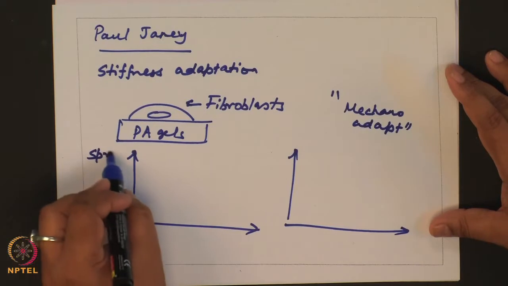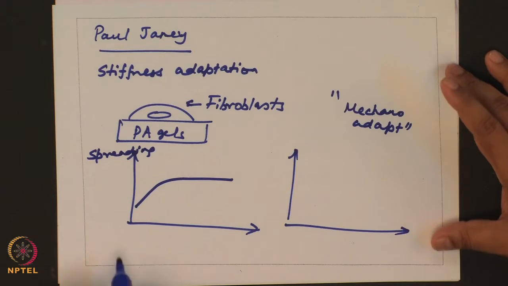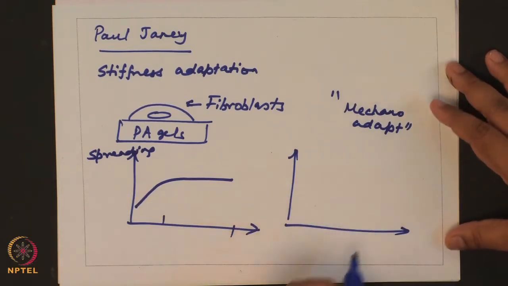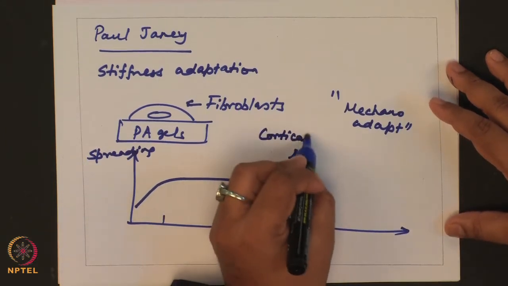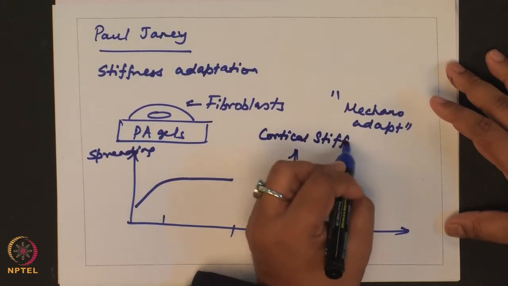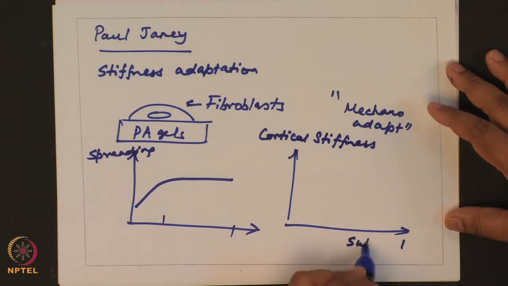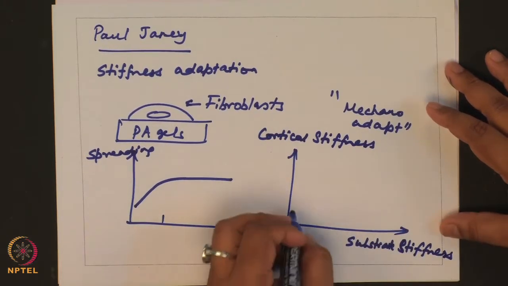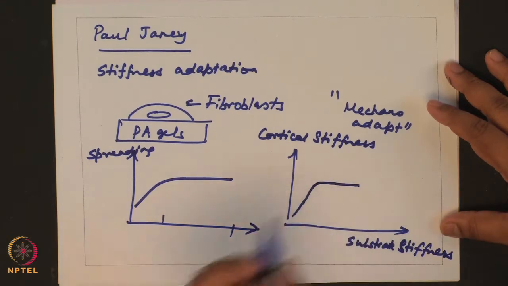In terms of spreading, cells will exhibit this kind of a profile, that beyond a certain stiffness spreading will remain unchanged. Now, he measured the cortical stiffness as a function of substrate stiffness, and he found a curve.